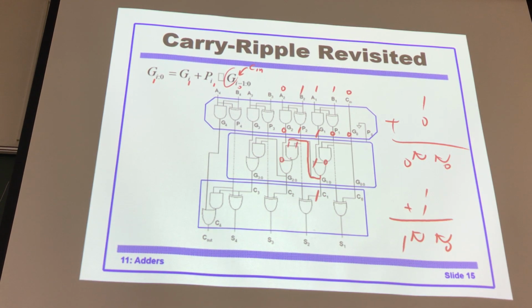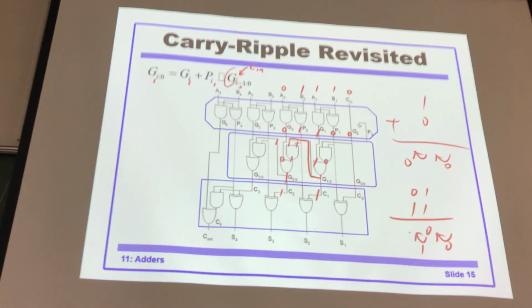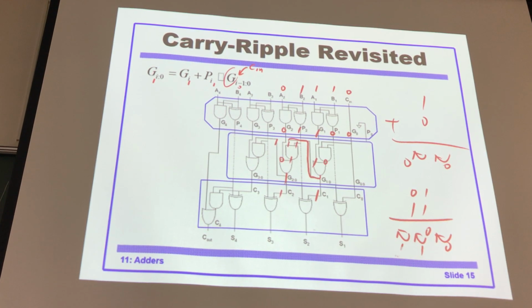So you get 1 here, and you get 1 here, so there's a carry out. Meaning here you get 0, 1, you get 0 here, there's a carry out here, and there's a carry out here.